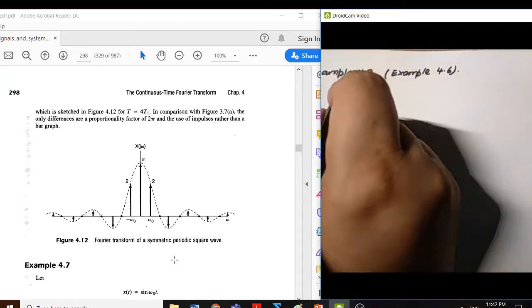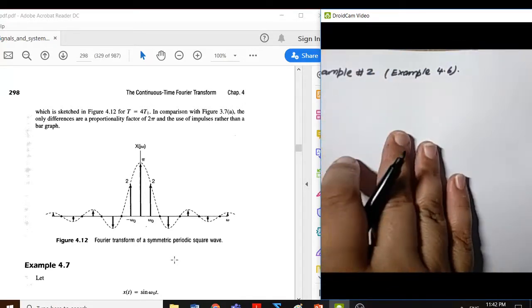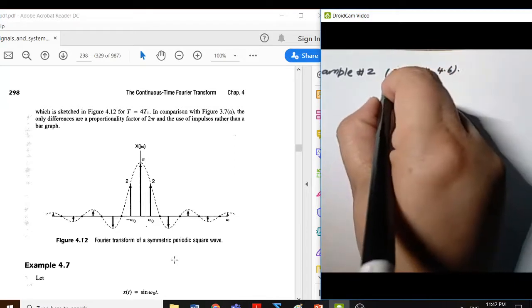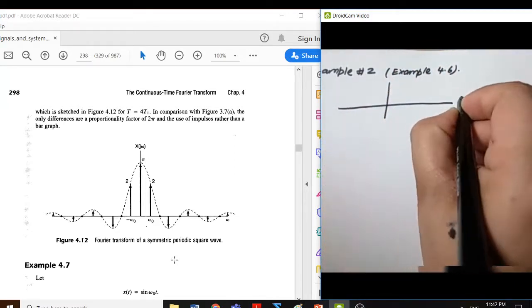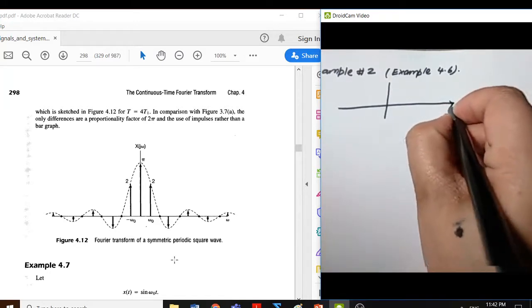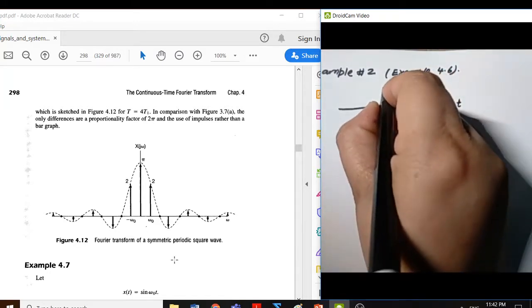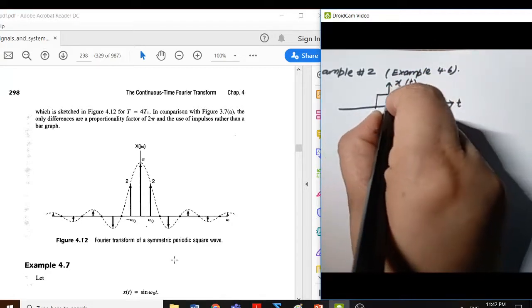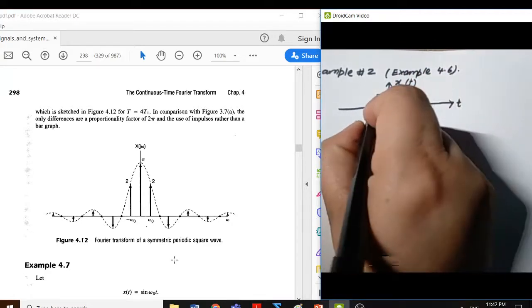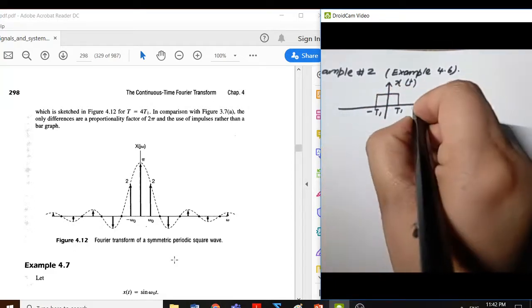So now example 4.6 of the book continues from a previous example. We take a time domain function x of t which is a rectangular function. It's a rectangular wave.